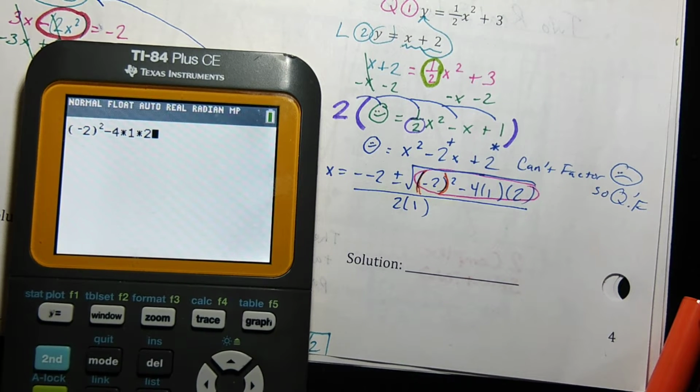I want everyone to try typing that in, because again, if you can't type it in on your calculator correctly, that could be why you had some issues on the test. And you should get a number between 0 and -10. If you are not getting a number between 0 and -10, flag me down.